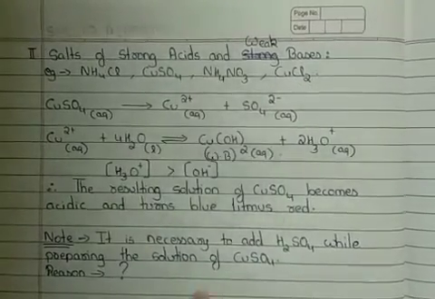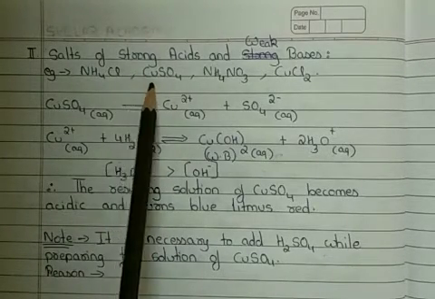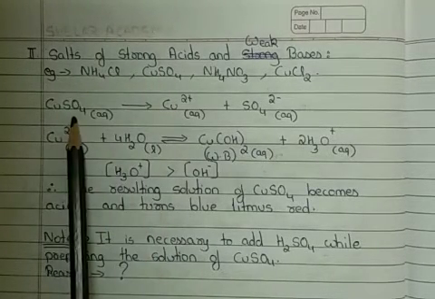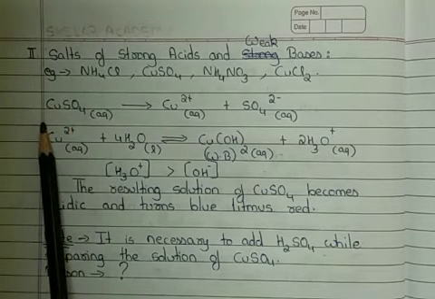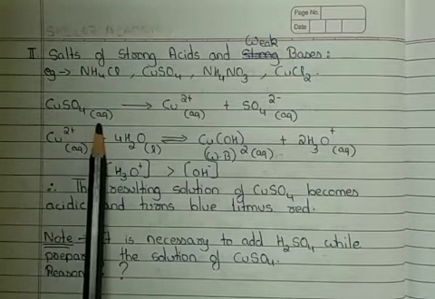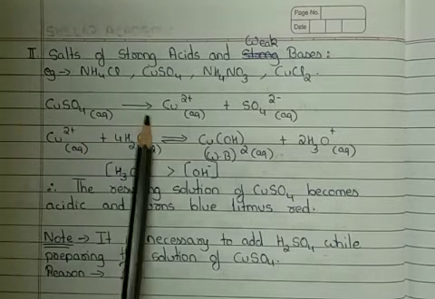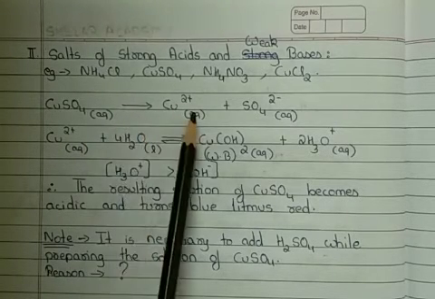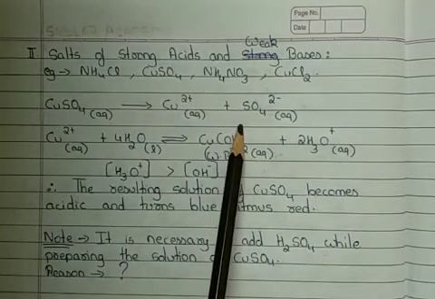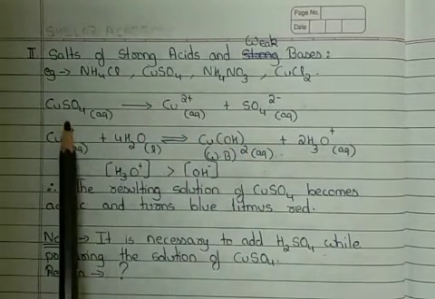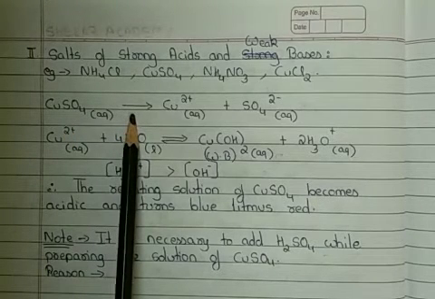Among these, what we are going to study is hydrolysis of copper sulfate. Now, copper sulfate, as it is a salt of strong acid H2SO4 and weak base Cu(OH)2, when CuSO4 is dissolved in water, it dissociates completely as Cu2+ ions and SO4 2- ions. Again, as it is a salt of strong acid, the dissociation will be complete.